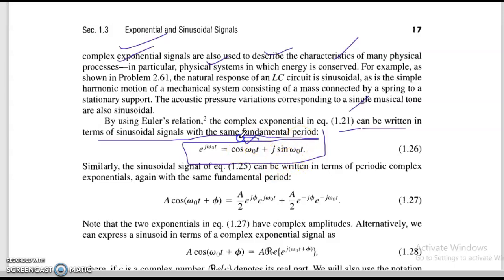This is the formula cos theta plus j sin theta.